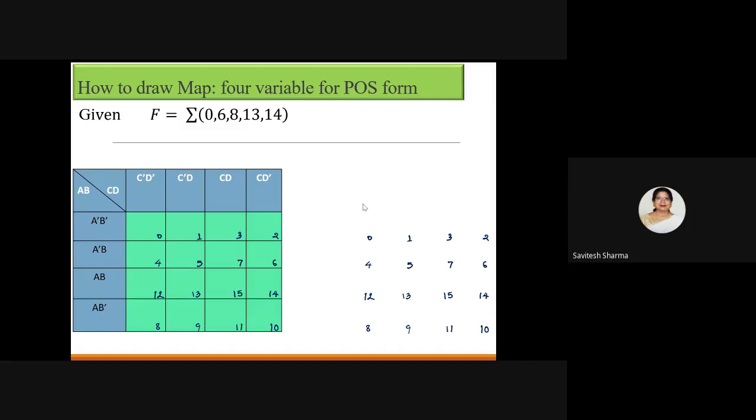So if in a problem someone asks you to give the answer in POS form, one shortcut method, if you are very comfortable with the SOP form, is to work out the answer in SOP form, and then I can directly convert this function into the POS form.